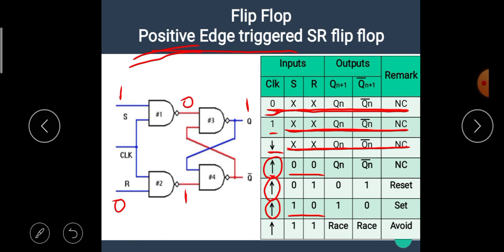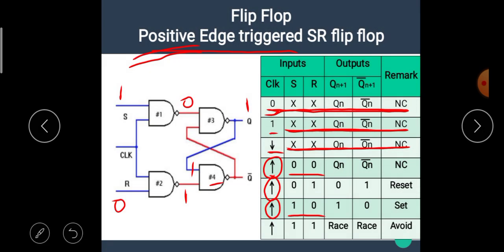The output of NAND gate 3 is connected as the input of the NAND gate 4, that means we get 1 there. In NAND gate 4 both the inputs have value 1, hence its output becomes 0. That means we get Q equal to 1 and Q bar equal to 0, that means 1 0, hence we get the set condition.